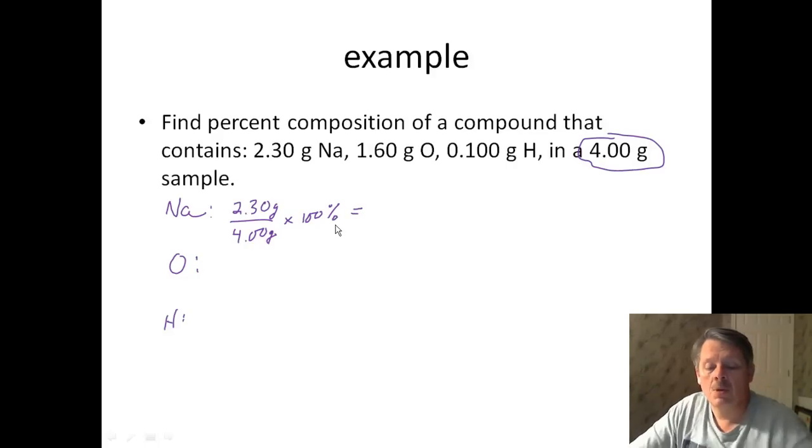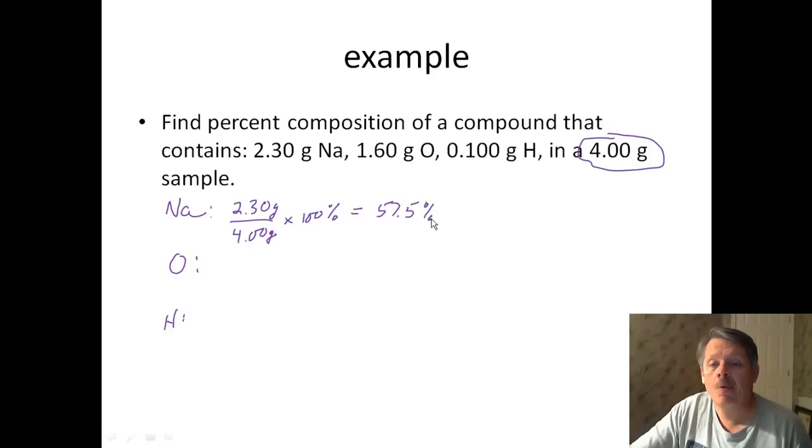Right? When I do that, I come up with 57.5%. Now I'm going to do the same thing with oxygen, which is 1.60 grams of oxygen, dividing by the total grams. And again, I'm going to multiply by 100 because that's a percentage, and I come up with 40.0%.